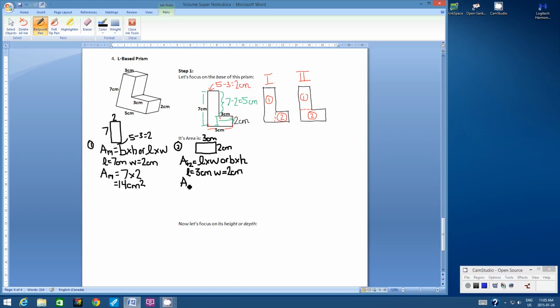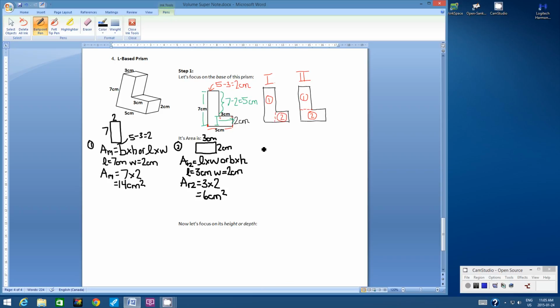Substitution line, area of rectangle 2, R2, is 3 times 2 equals 6 centimeters squared. Okay, so that represents the area of this part of the rectangle.